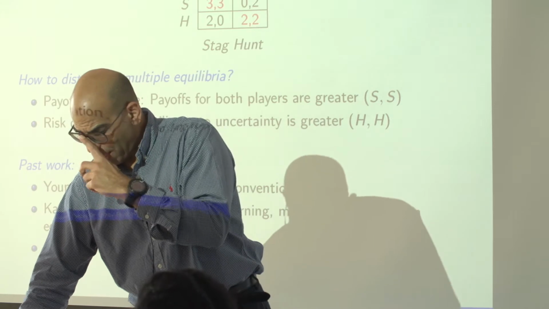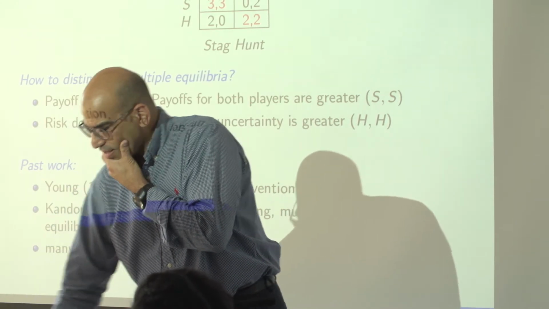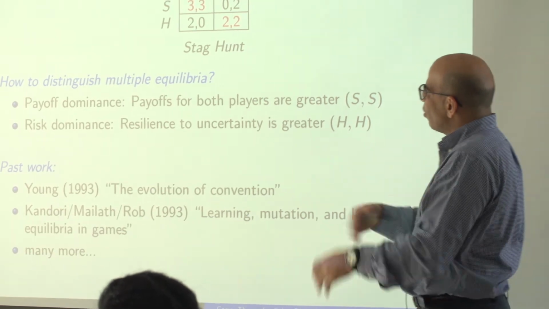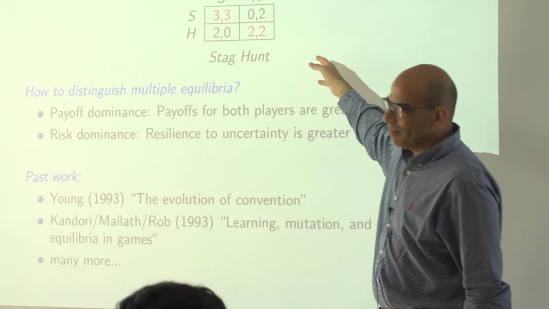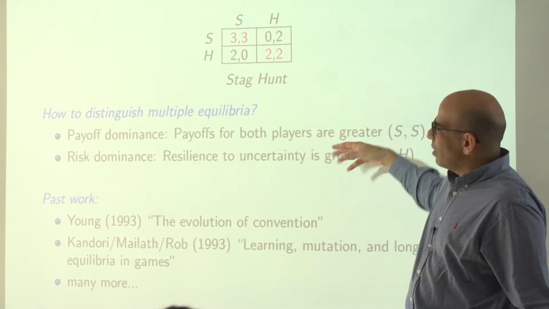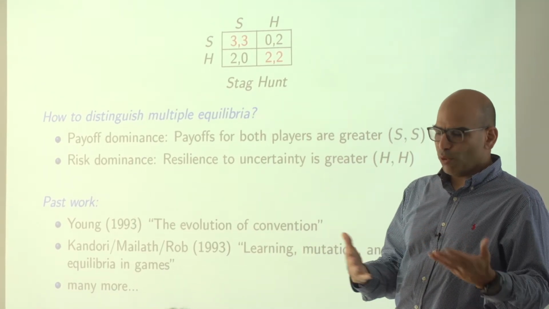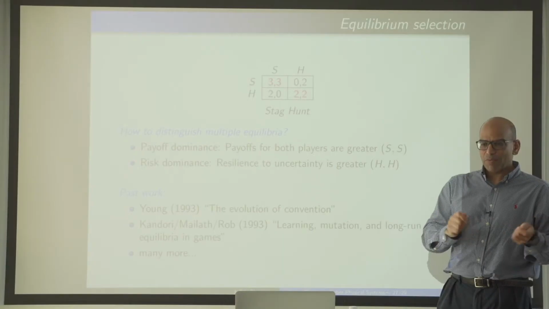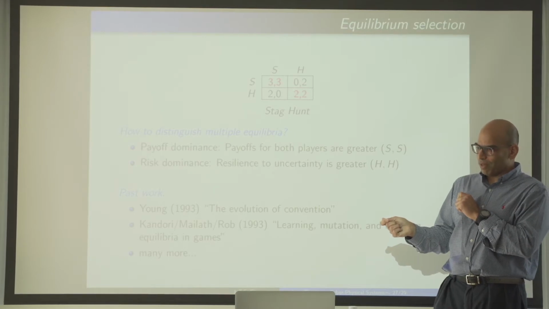I think I'm out of time. All I'm going to say about this is that it addresses the question that you raised: what if there are multiple Nash equilibria? There's a family of learning rules that balance exploit versus explore. They'll do a best response with high probability, but they'll explore with low probability.